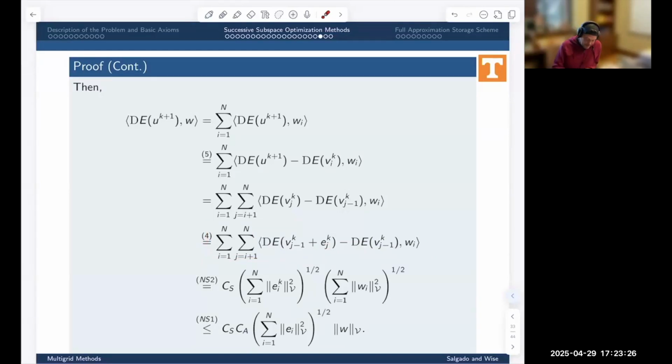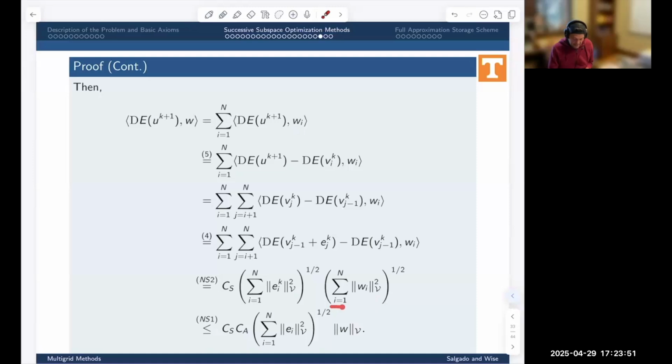Strength in Cauchy-Schwarz, which is called condition NS2, says that if I take the absolute value of that, it's less than C_S times that times that. So this looks like the sum of corrections, and this is the sum of my decomposition here.